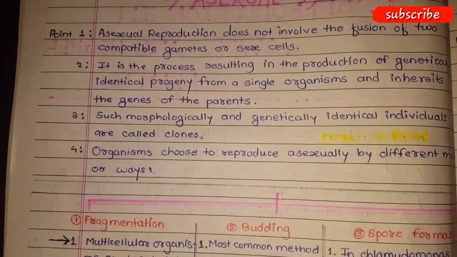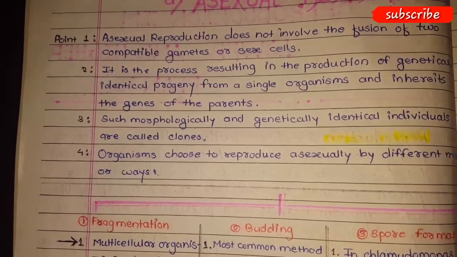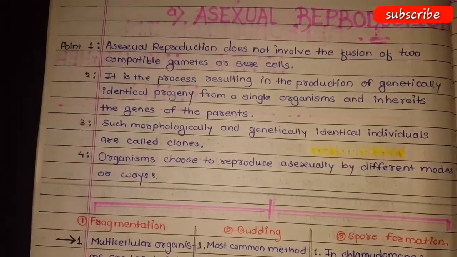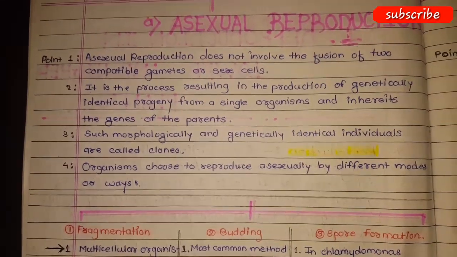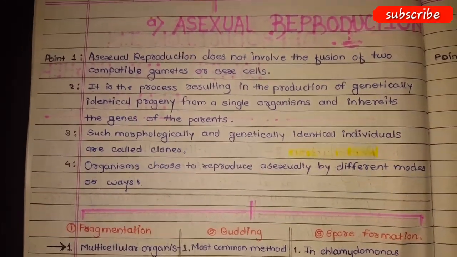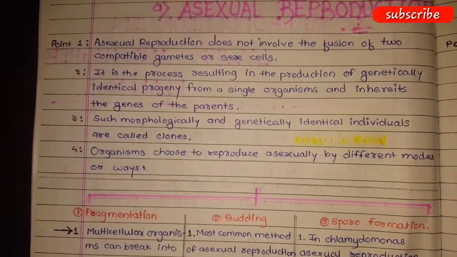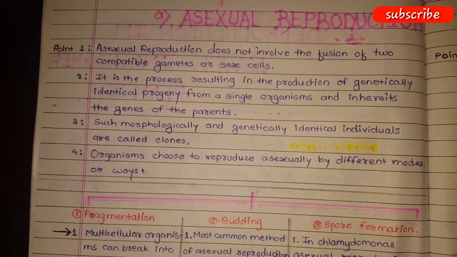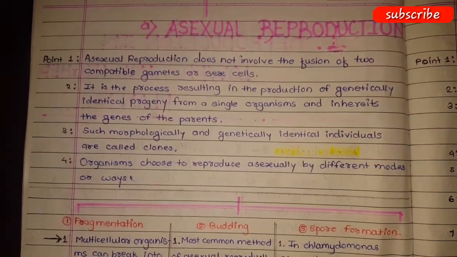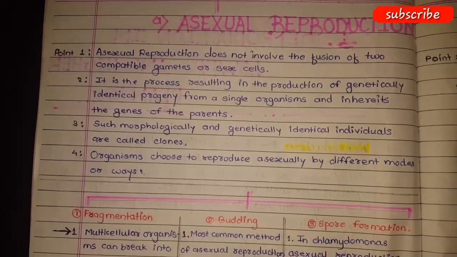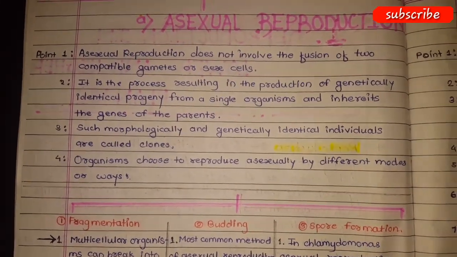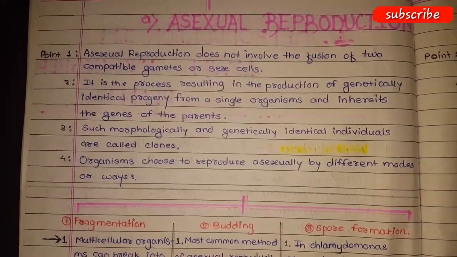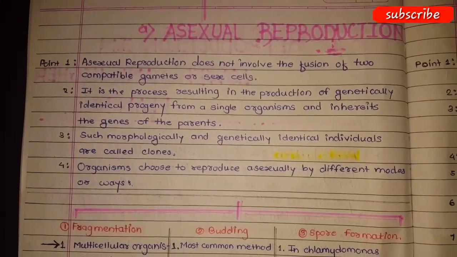Point number 1, asexual reproduction does not involve the fusion of two compatible gametes or sex cells. Second, it is the process resulting in the production of genetically identical progeny from a single organism, which inherits the genes of the parents. Third, such morphologically and genetically identical individuals are called clones.